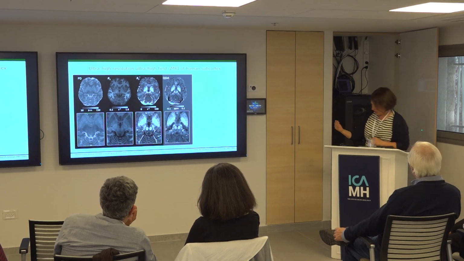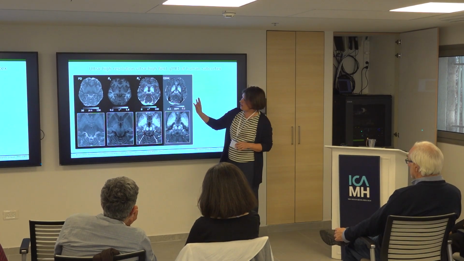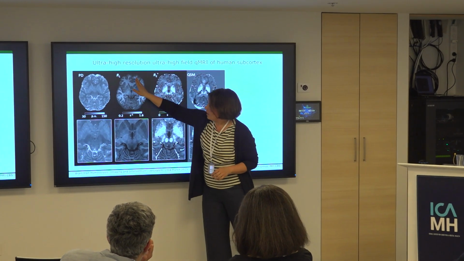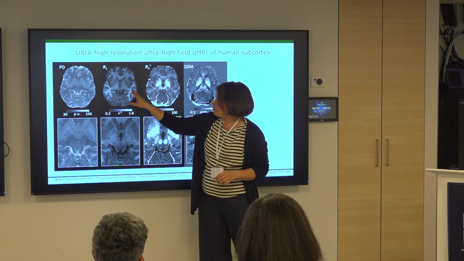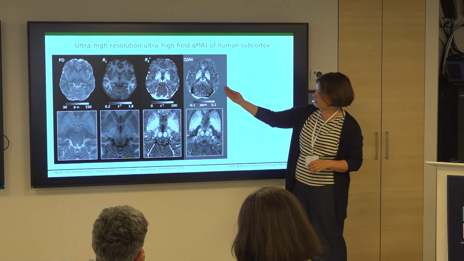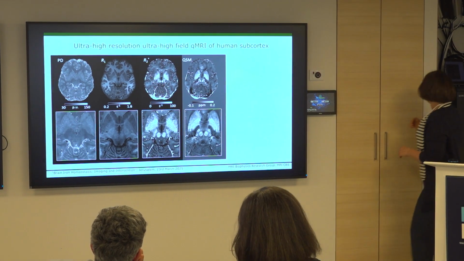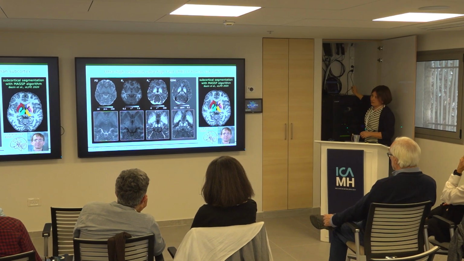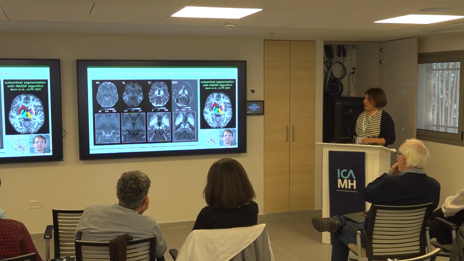And the great thing is that if you use different contrasts, they are perfect for segmenting subcortical regions. The classical R1 or MPRAGE is not enough to see a precise delineation of the nuclei because subcortical anatomy is so complex. But our colleagues in Amsterdam developed a method called the MASP algorithm.